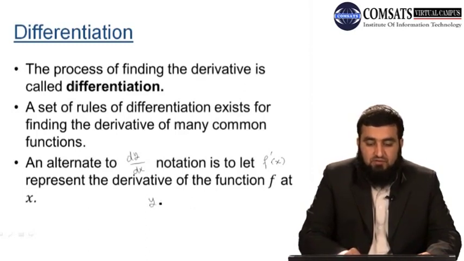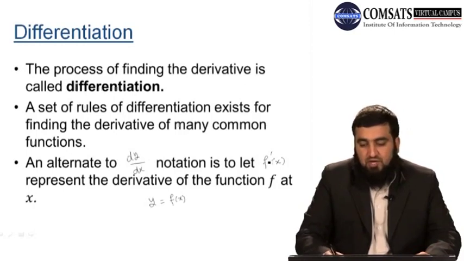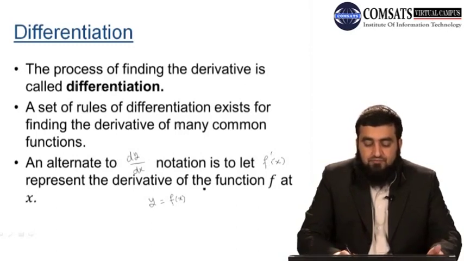The relation between y and f of x is that y is a function of x. We denote the derivative with a dash on top of f, read as f prime of x, which is an easier and shorter notation than dy by dx. So we will also denote the derivative by this notation, which is read as f prime of x.